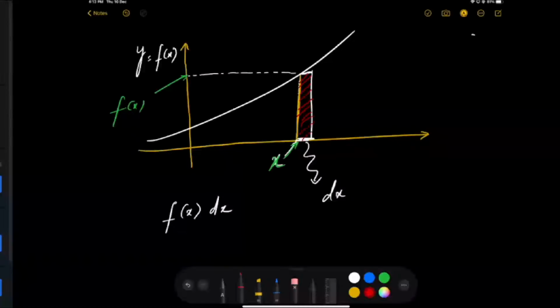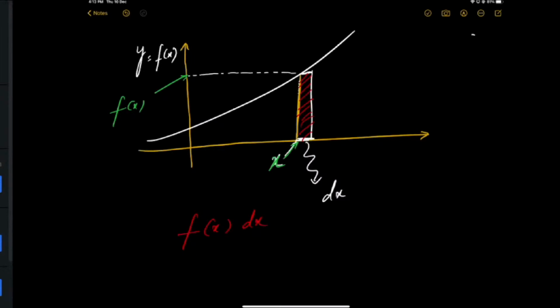So f of x times dx is this red area. Do you agree? And actually that rectangle is very thin. I am drawing it a little wider because it will not be visible otherwise.